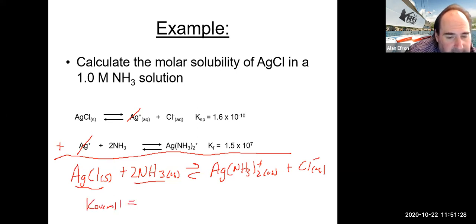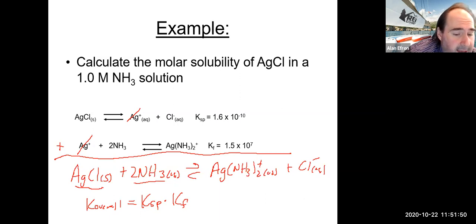You may be asking yourself, can I take a Ksp and multiply it by a Kf? The answer is yes, because it doesn't matter what the little symbol is on the bottom. They're all equilibrium constants, all products over reactants. You could multiply Ka times Kb like we did. You could multiply Ksp times Kf.